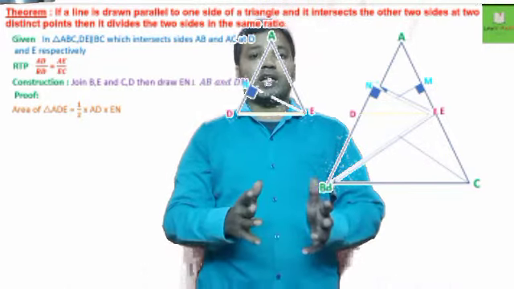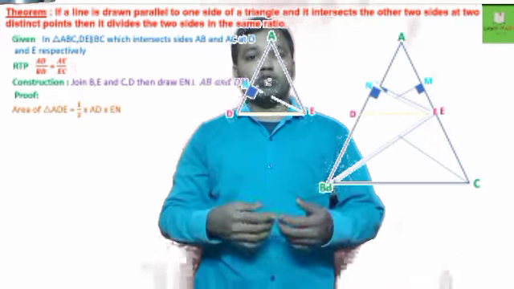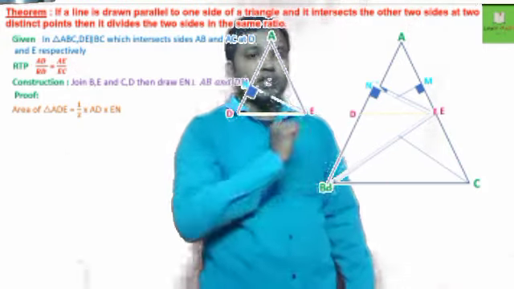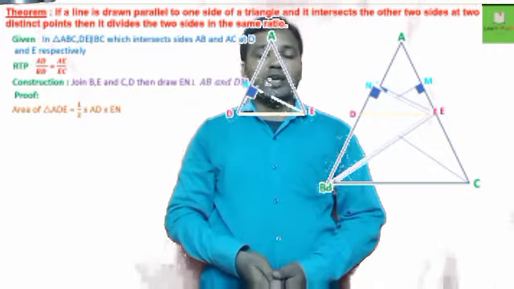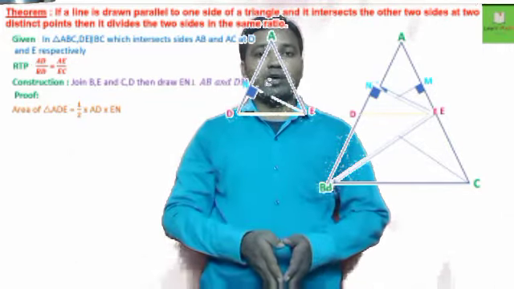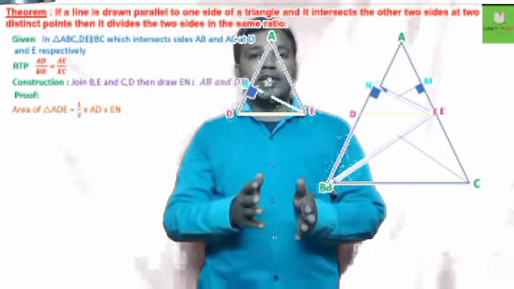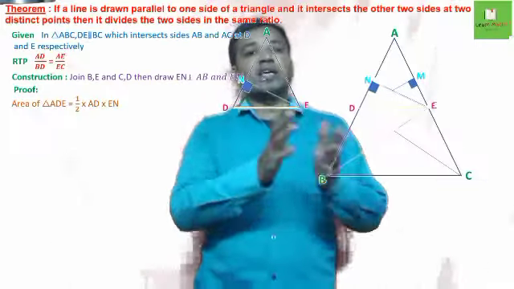The area of a triangle is half into base into height. If you substitute the values in the formula, the area of triangle ADE is half into AD into EN.